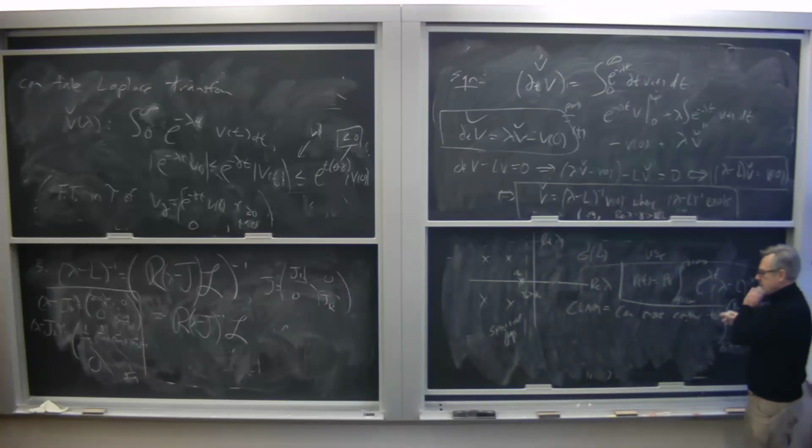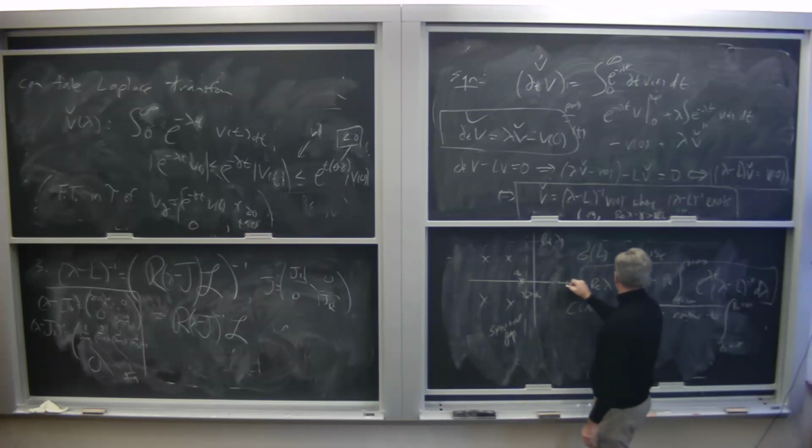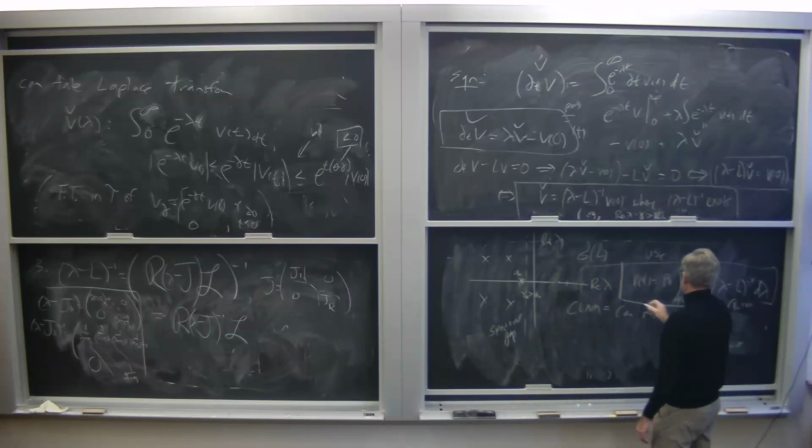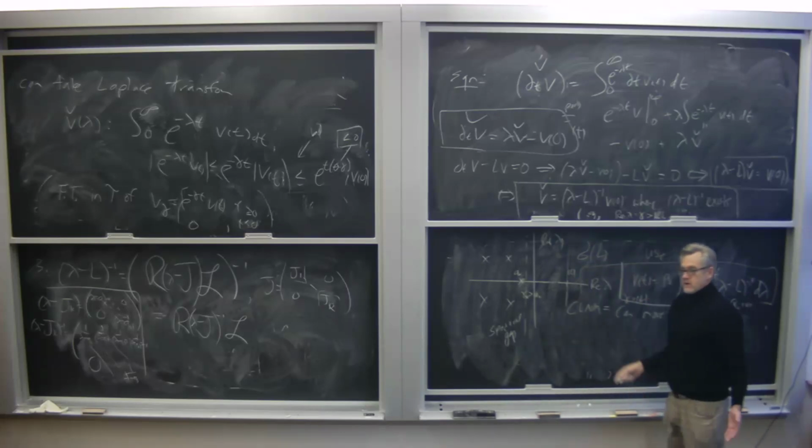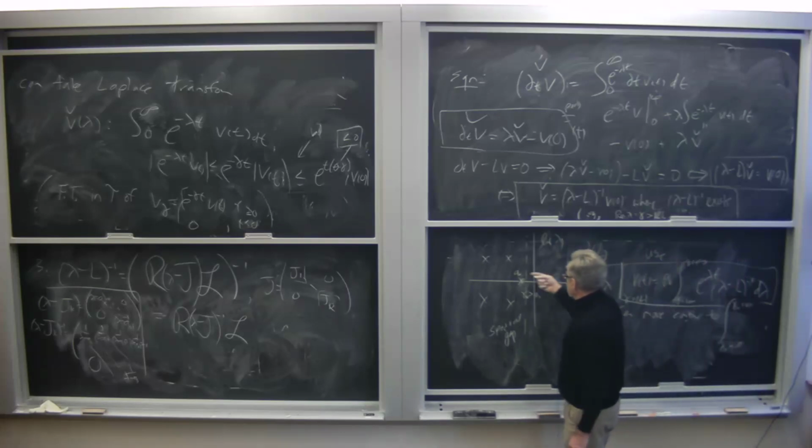This is still valid if we move. And this was for gamma greater than the operator norm of L. It might be large compared to the spectrum. We don't know, we don't care. But I claim I can move.